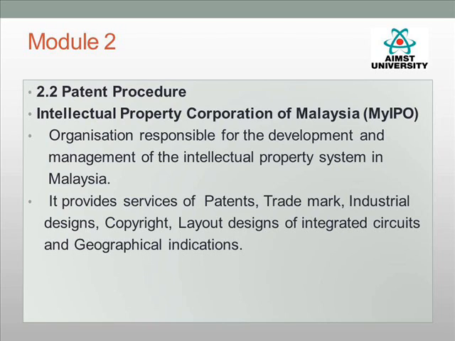The historical background says that patent prosecution in Malaysia is governed by the Patents Act 1983 and the Patents Regulations 1986. These legislation, which came into force on 1 October 1986, marked the beginning of an independent patent registration system for Malaysia.